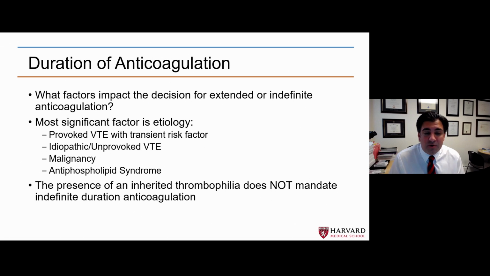So what factors do impact duration of anticoagulation? Well, the most significant factor is the etiology. The transient risk factors such as surgery, an intravenous catheter, for instance, determines length of anticoagulation. Patients with malignancy, if they have a malignancy-associated thrombosis, generally 6 months is enough.